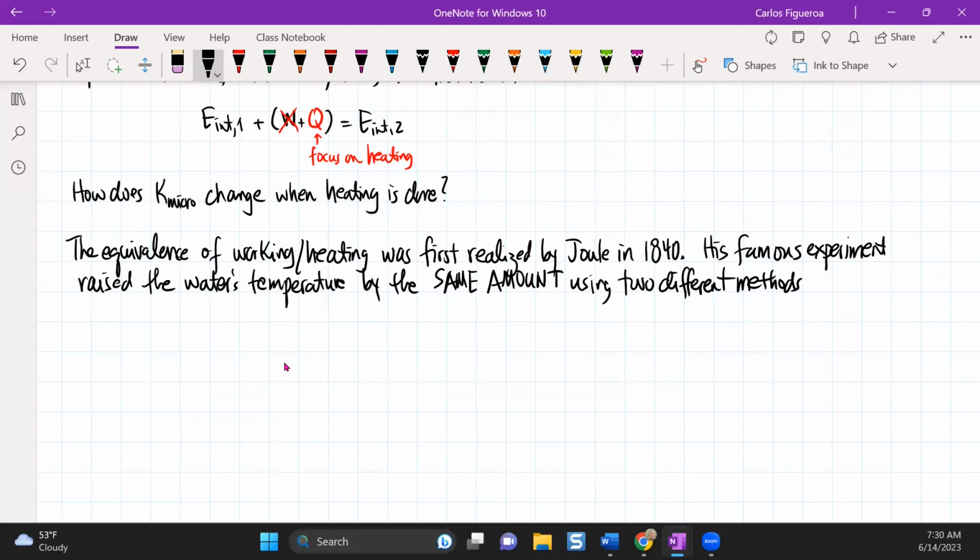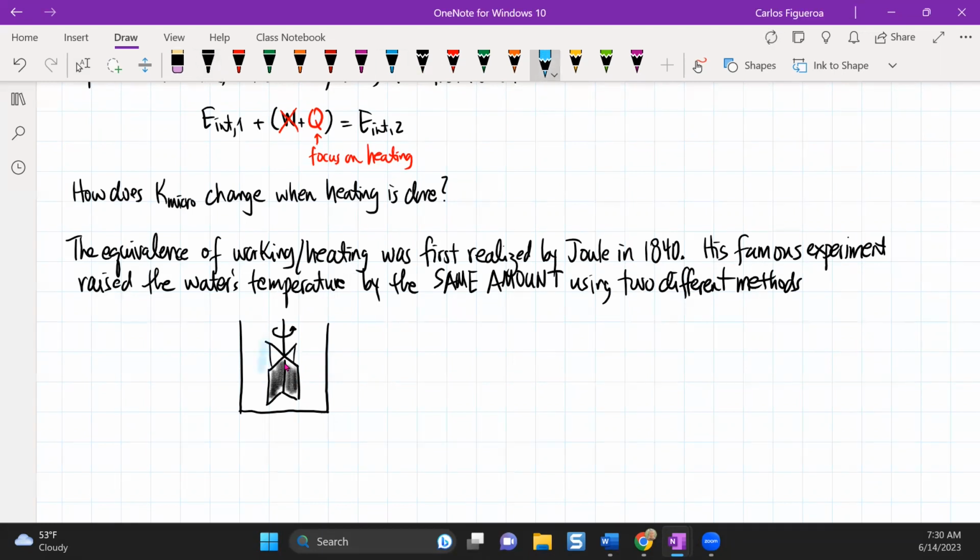So what he did here is he had a container. So let's say that here's my container. And in one of these containers he literally had a paddle system, with a way of rotating this paddle.